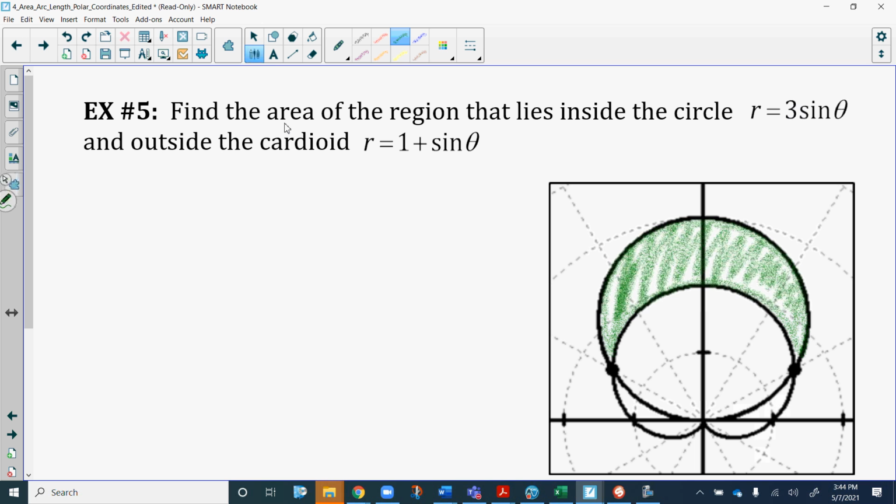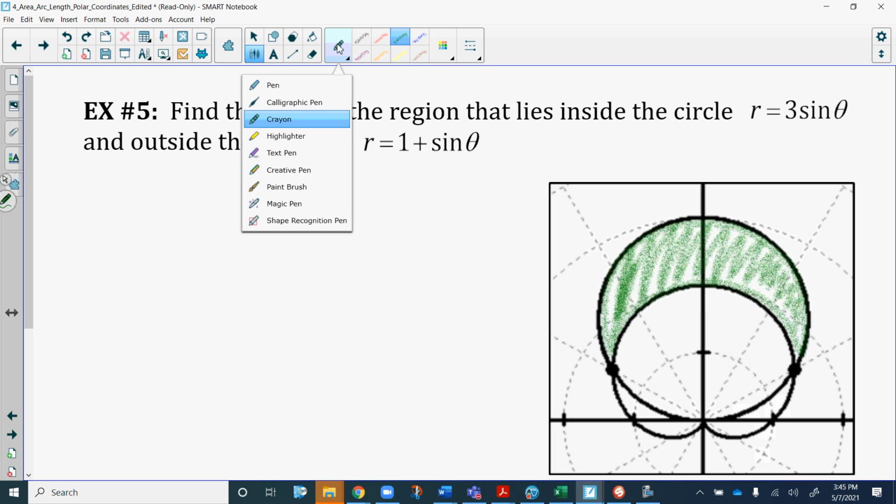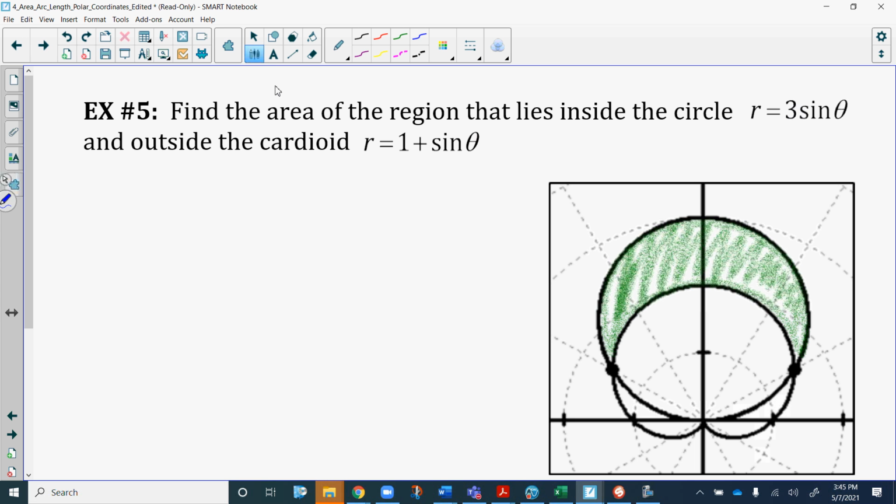So the way that we're going to do this is, first of all, we have to know where the two pieces intersect each other, because that's what is used to determine our interval here. So to find out where they intersect each other, I'm going to take the two equations and set them equal to each other. So I have 3 sine of theta, and I'm going to make it equal to 1 plus sine of theta, and then we're going to just solve for theta.